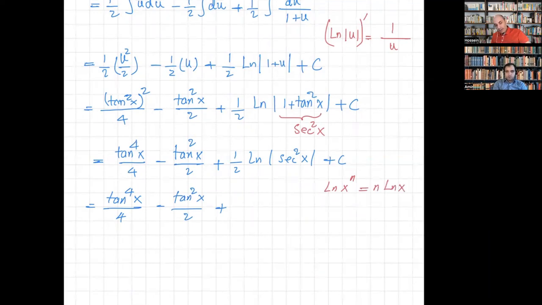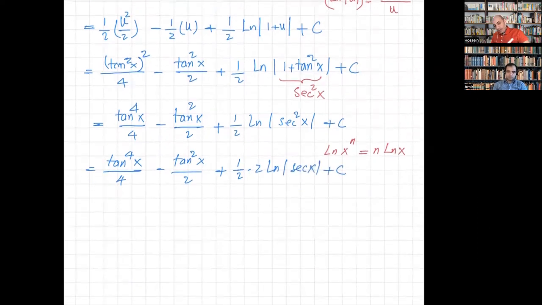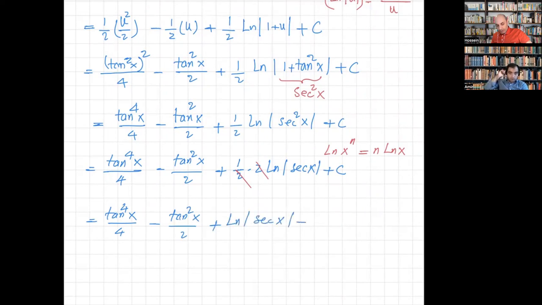So I'm going to use this identity and write that as 1/2 times 2 ln of the absolute value of secant of x, plus c. And this 2 and 2 cancel out, and I have tangent to the fourth divided by 4 minus tangent squared divided by 2 plus ln of the absolute value of secant of x plus c. I think that's the answer.